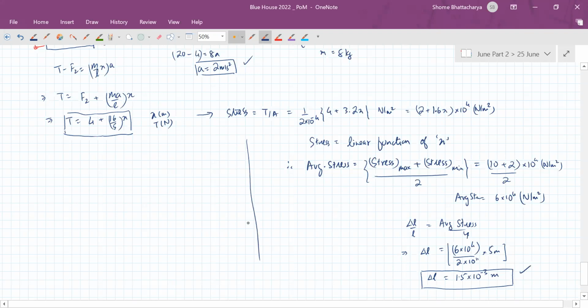Or what you can do is a more lengthy method of integration.